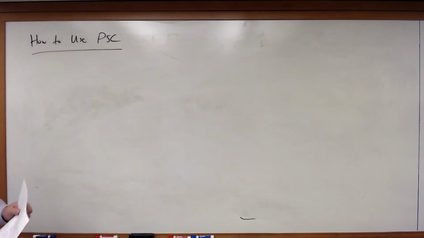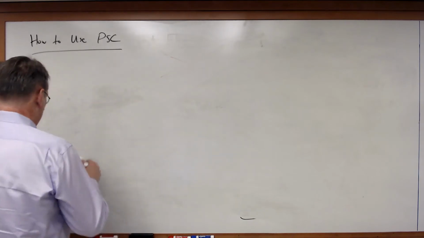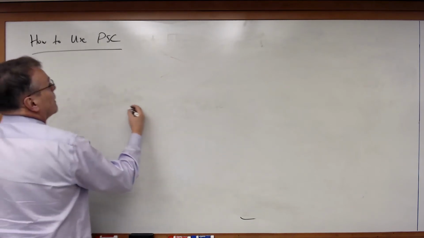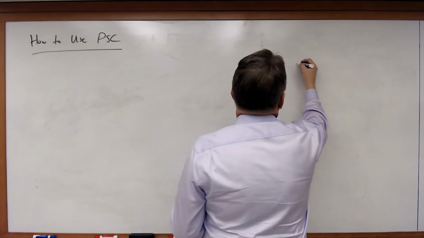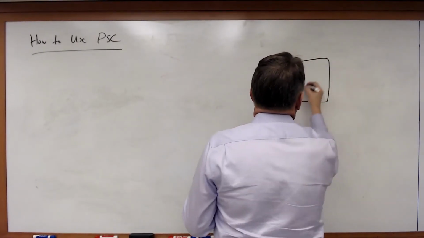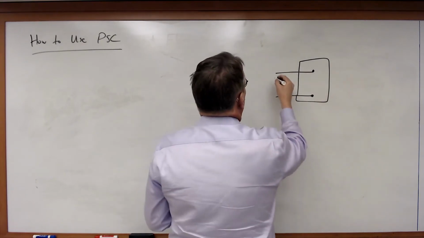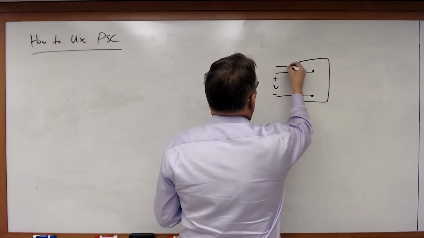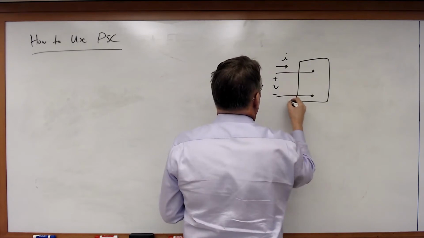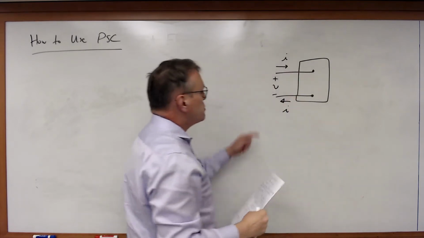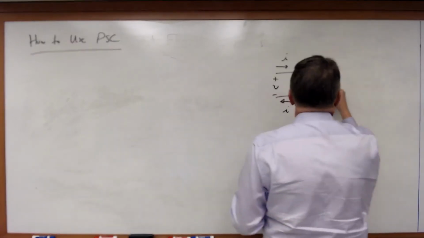How do we use the PSC, the passive sign convention? Let's start with a circuit element. And just as we did before, I'm going to have terminals 1 and 2.